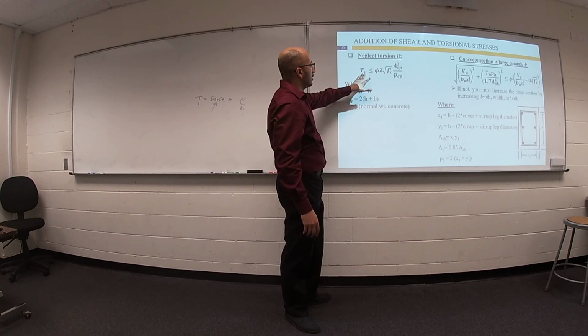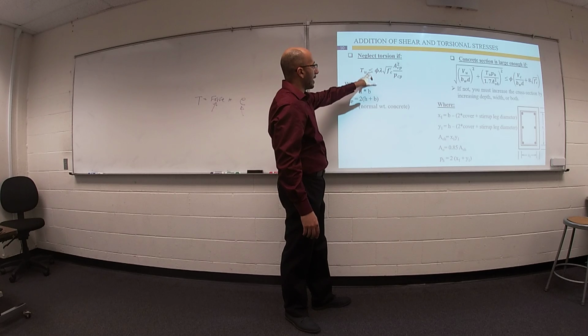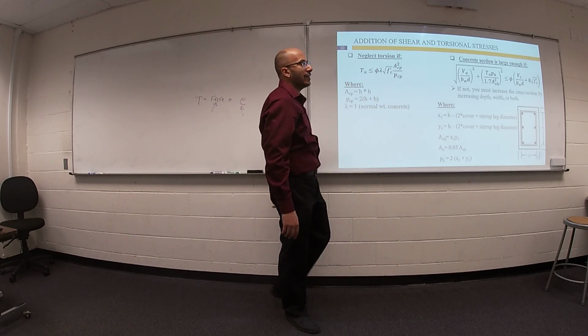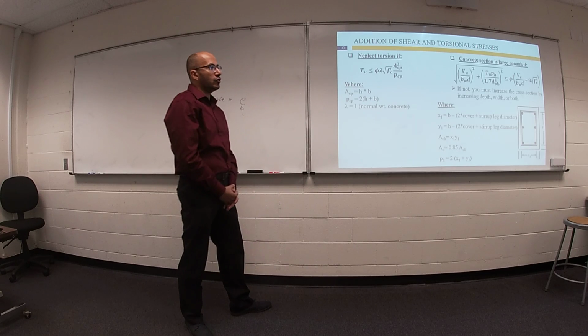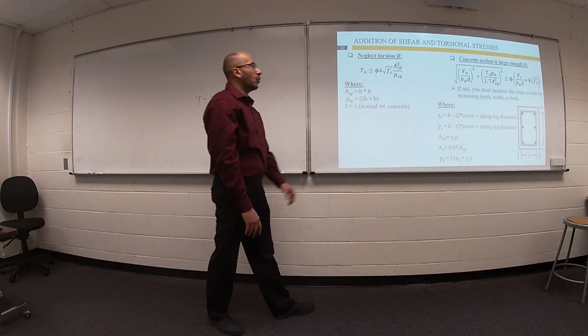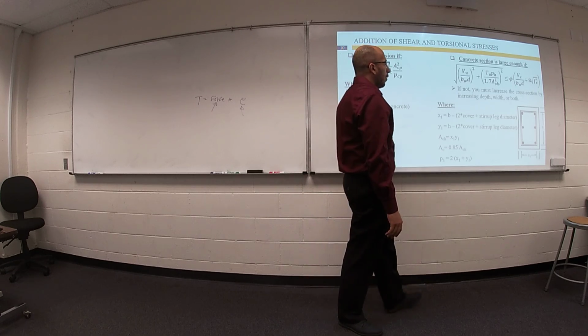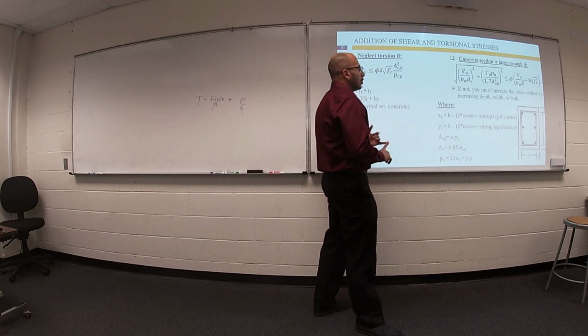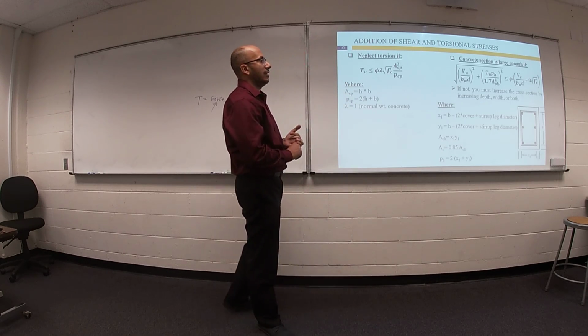So if your torsion value is smaller than or equal to this term, go ahead and neglect the effect of torsion. It's nothing. You can neglect it. But if not, we need to design our stirrups to resist your shear and your torsion.